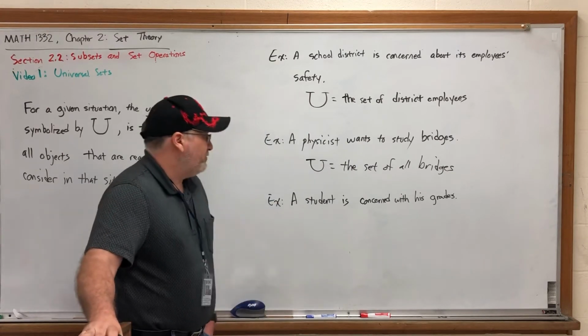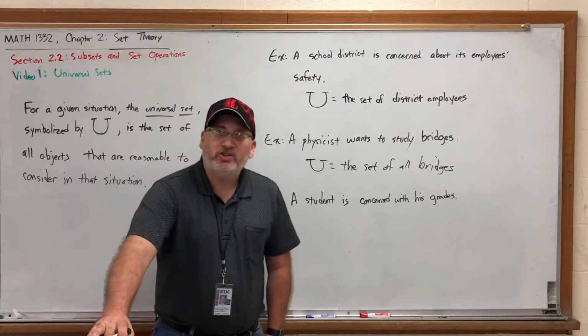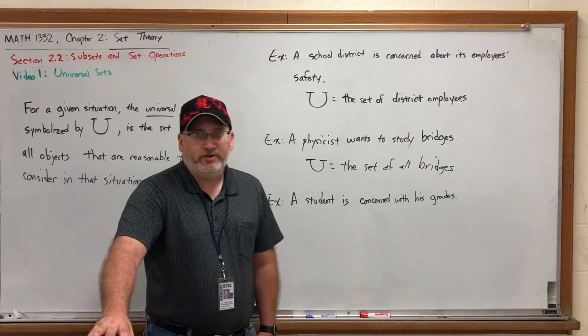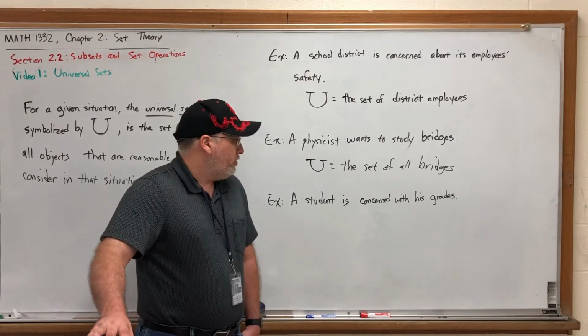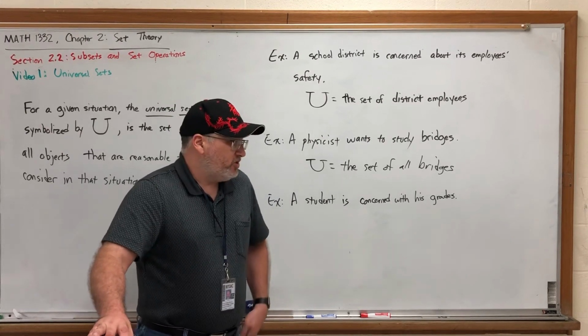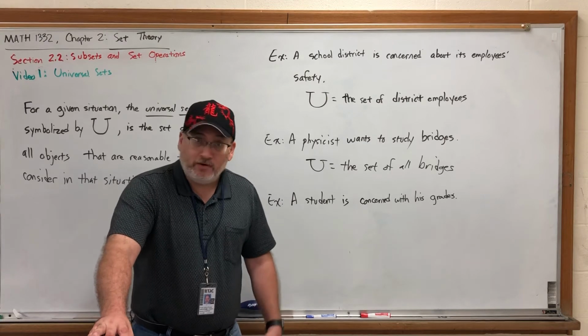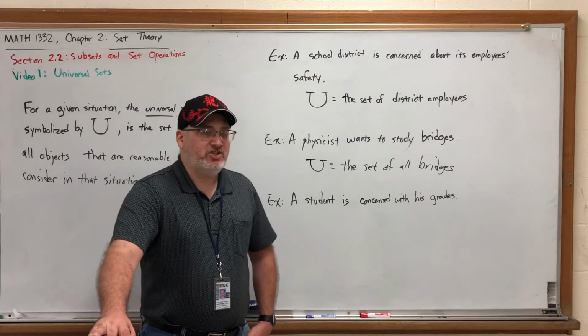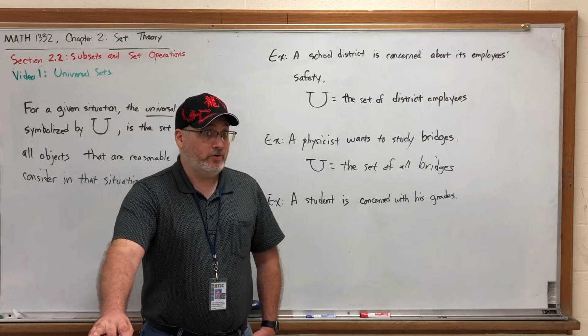For example, perhaps this physicist is just studying suspension bridges, in which case the universal set could be the set of all suspension bridges, or drawbridges, or bridges in a certain state, or bridges over rivers as opposed to over lakes. So the more information you have about a context, the more specific you can make your universal set.